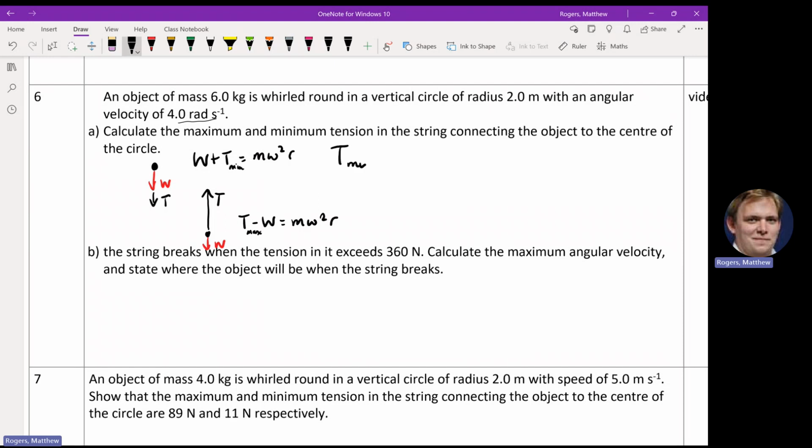So the minimum value is equal to m omega squared r minus W, which in this case is 6 kilograms times 4 radians per second squared times 2 meters. Take away the weight, which is 6.0 times 9.81.